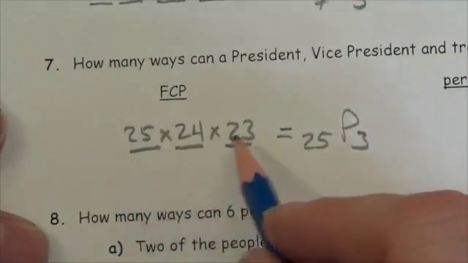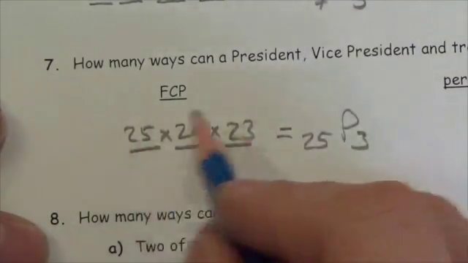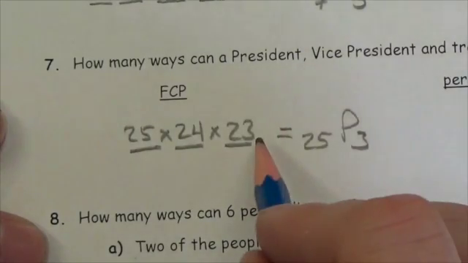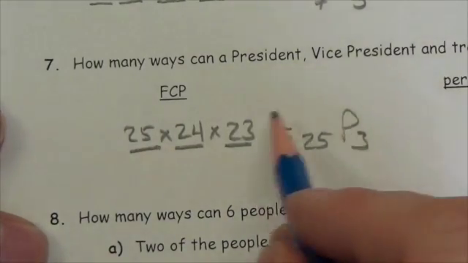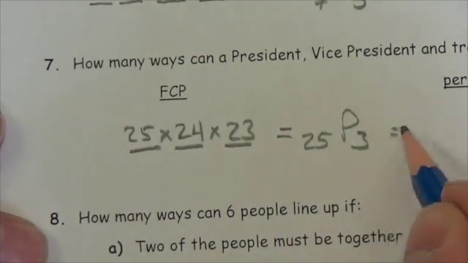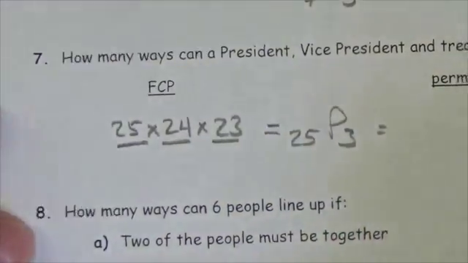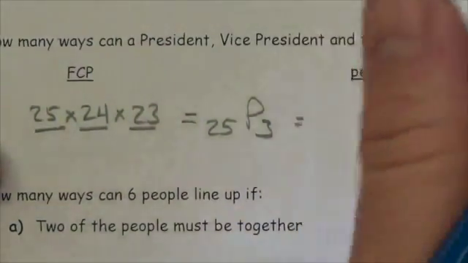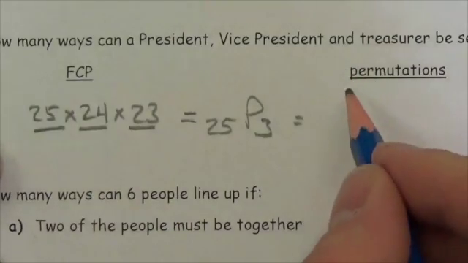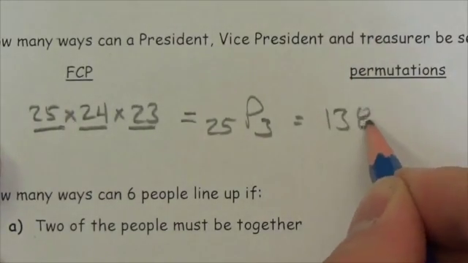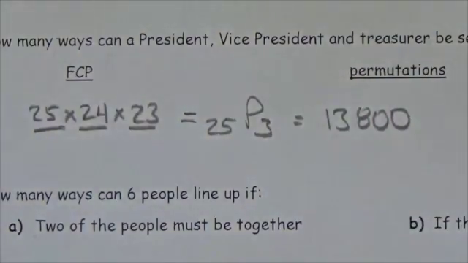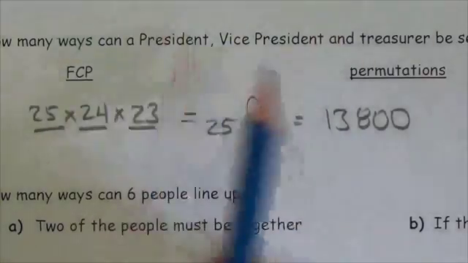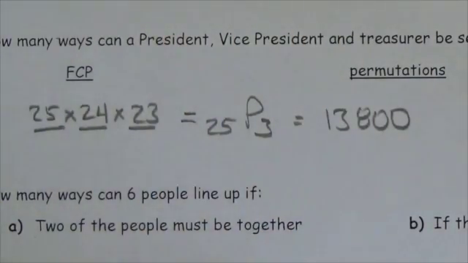And that makes total sense because this is like the beginnings of 25 factorial, except I'm going to lose 22 factorial. That's where I start to cancel it out here. Now I'll go to my calculator and evaluate that, 25P3, and we'll get 13,800 different ways that we could build this little government out of a group of 25 people.